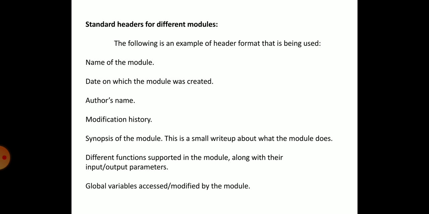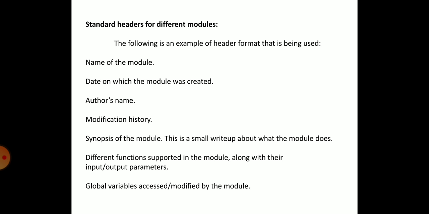Some of the headers that must be included in a program are the name of the module, the date on which the module was created, the author's name, modification history, synopsis of the module, and different functions supported in the module along with their input and output parameters. And the global variables that are accessed or modified by the module.